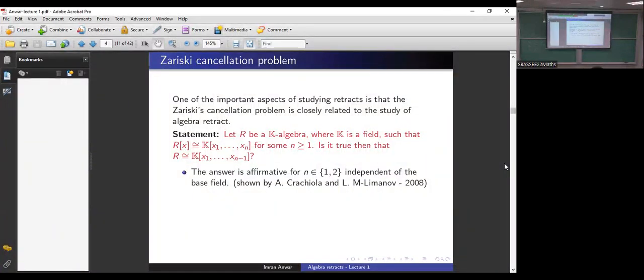Also, I cannot understand the geometry of this theorem, the Zariski cancellation theorem. Do you know what it means geometrically in algebraic geometry? I only see the algebraic aspect, but the geometrical aspect I didn't see. But I think people have written surveys; somehow this is the most ignored problem.